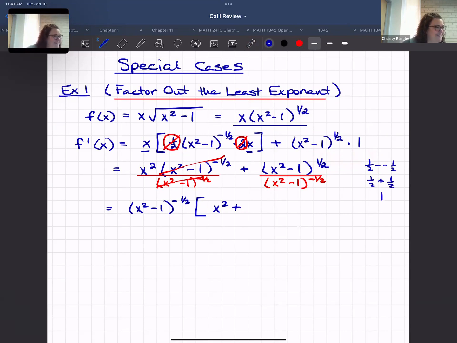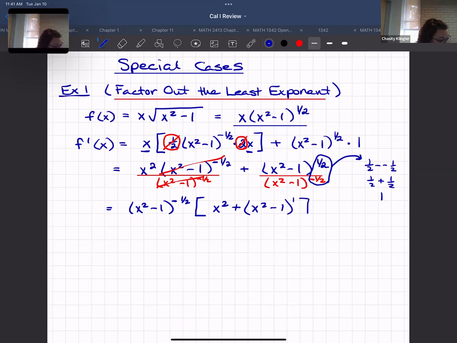One whole. Okay, so that's my exponents. So that's just going to leave me with x squared minus 1 to the first power, which is just x squared minus 1.